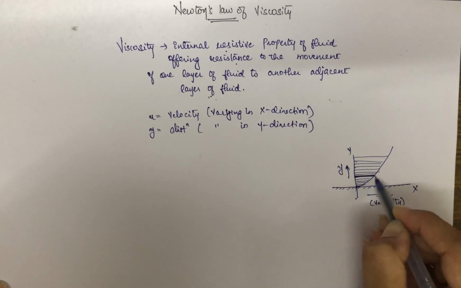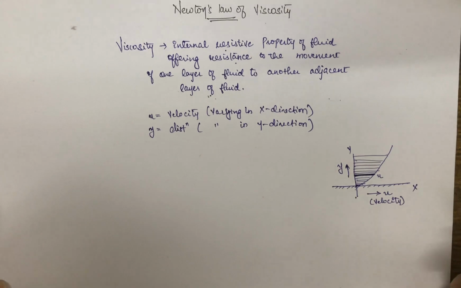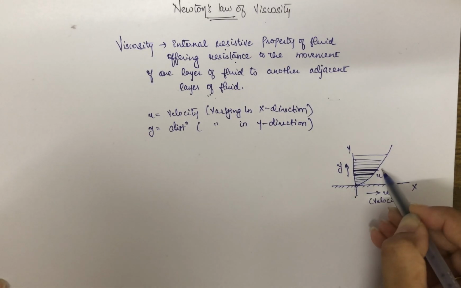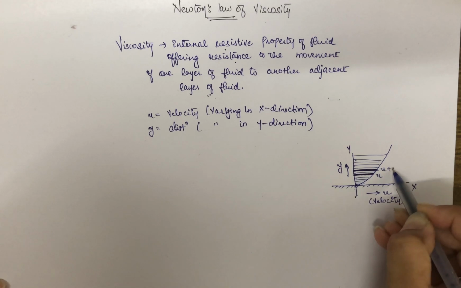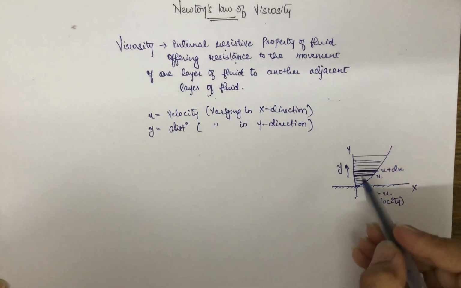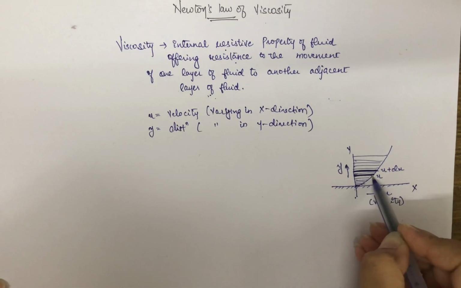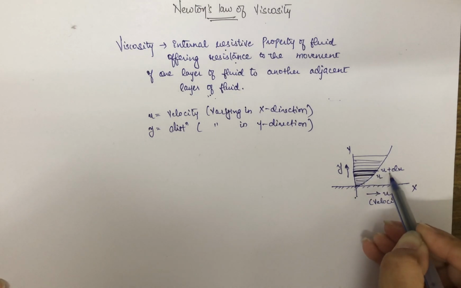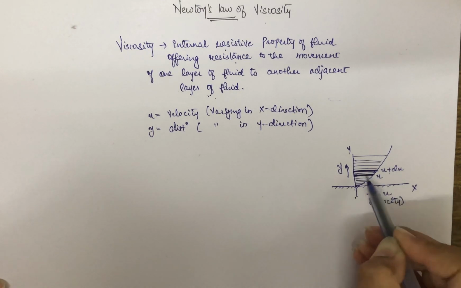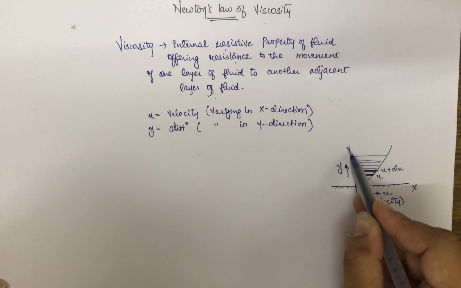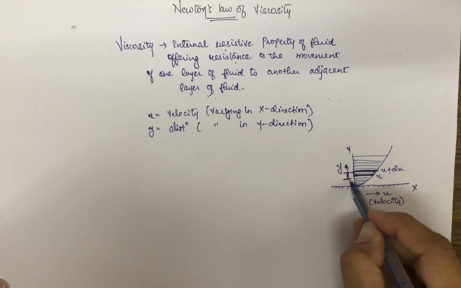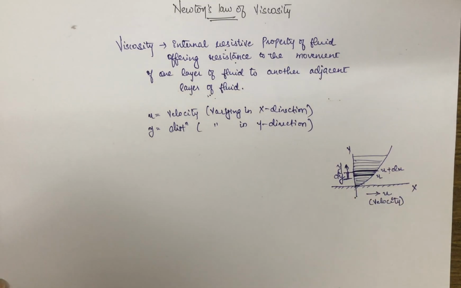This is the first layer of fluid with velocity u, and this is another layer of fluid with velocity u plus du, which is changing with respect to direction y, and that change is represented by dy.